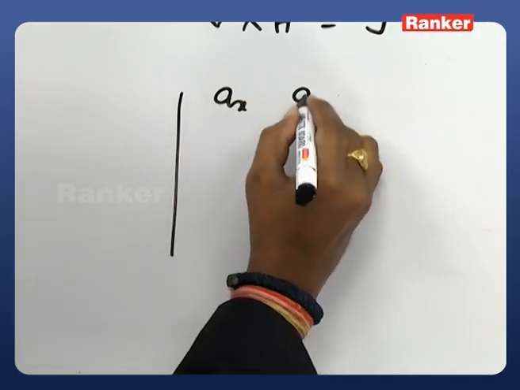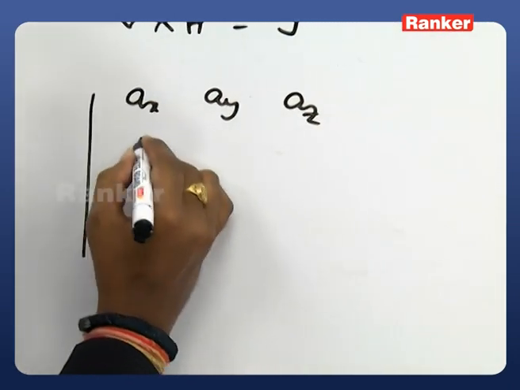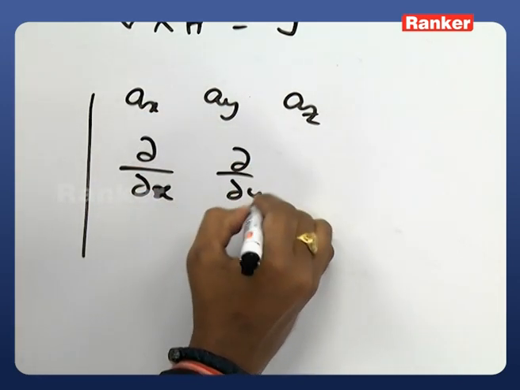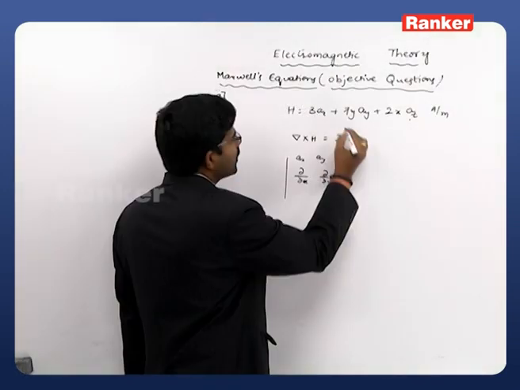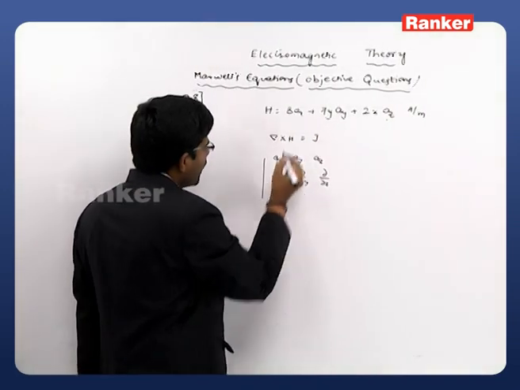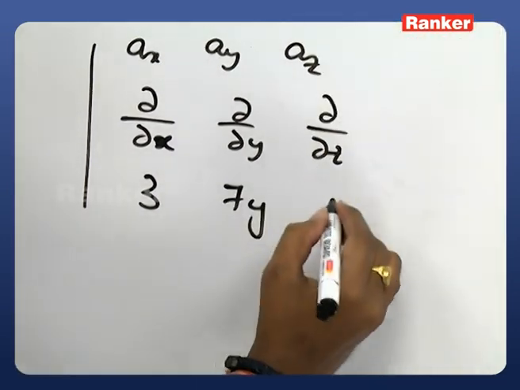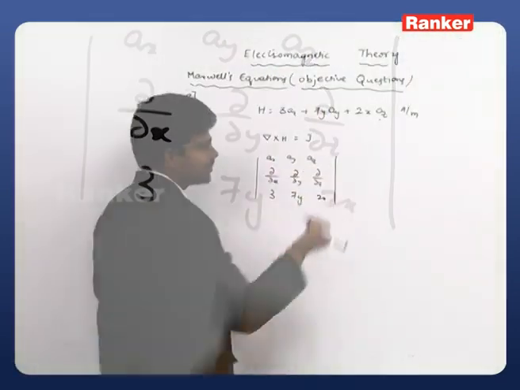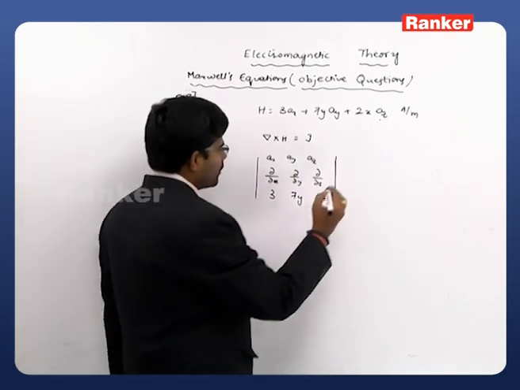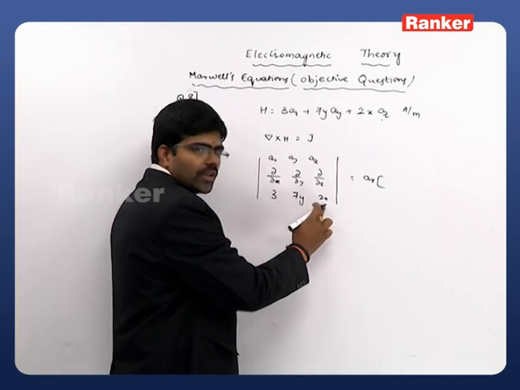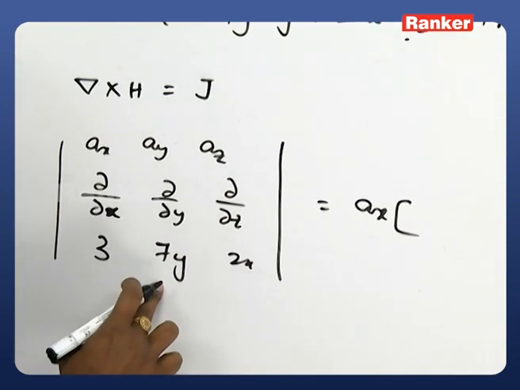On the top row, AX, AY, AZ are the unit vectors. Then for the del operator, dou by dou X, dou by dou Y, dou by dou Z, and the components of our H: the X component is 3, Y component is 7Y, Z component is 2X. Just calculate this, which equals AX, dou by dou Y of 2X, 0, minus dou by dou Z of 7Y, 0.